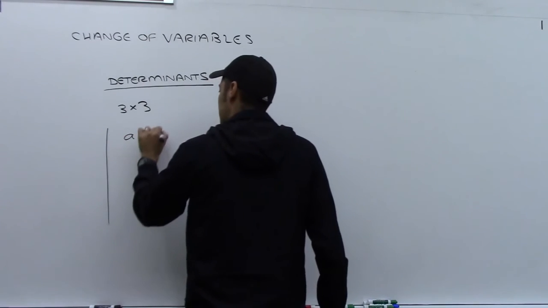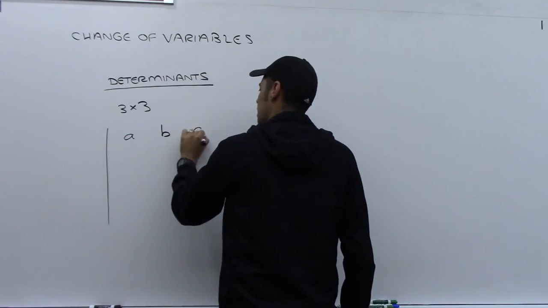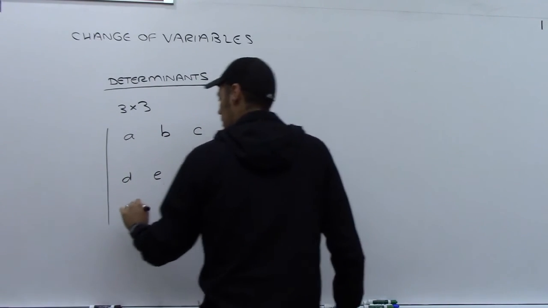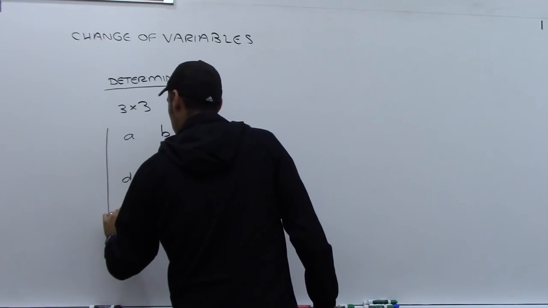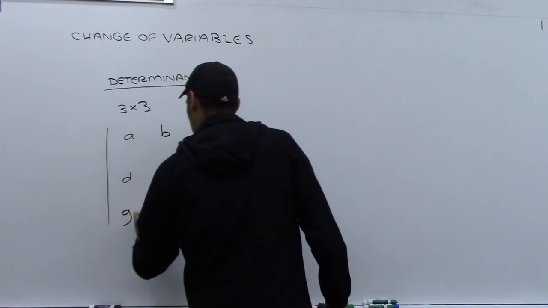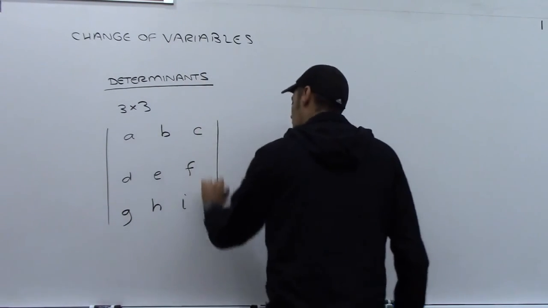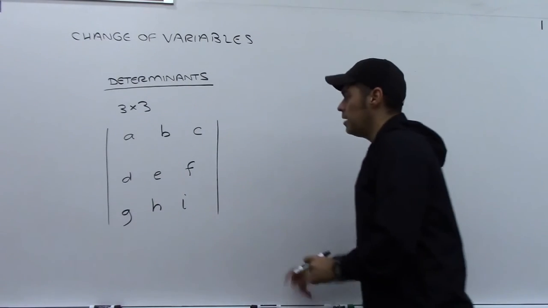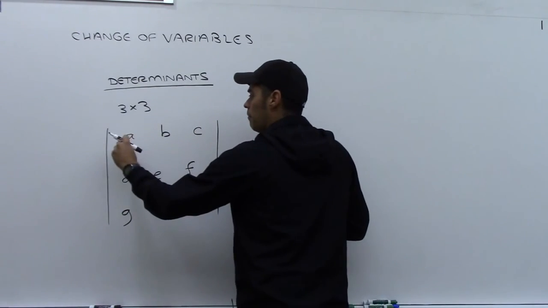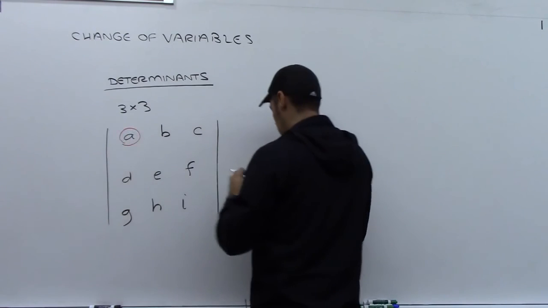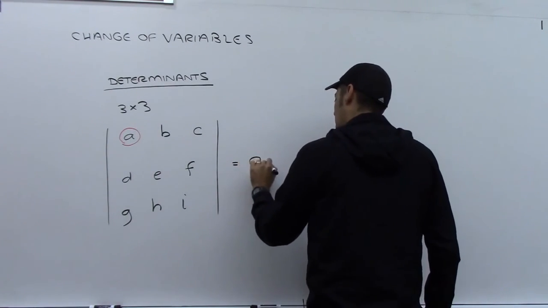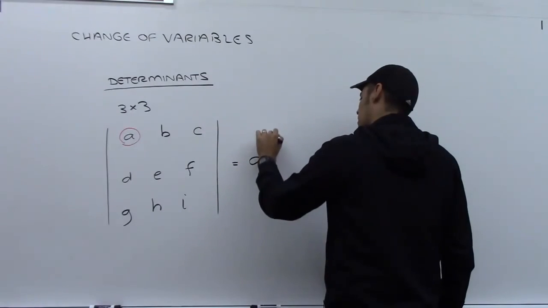Let's say it's A, B, C, D, E, F, G, H, I. That's fine. How do we find the determinant of a 3x3? So what we do is we start by looking at the top left, and we write that down, A, and we multiply A times a determinant.